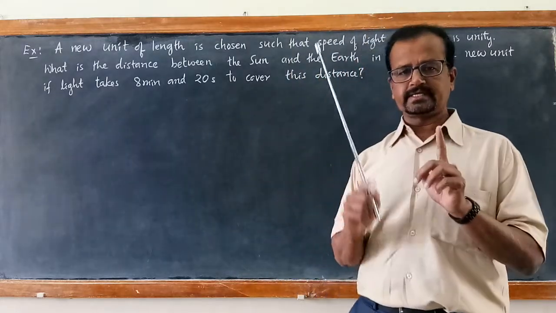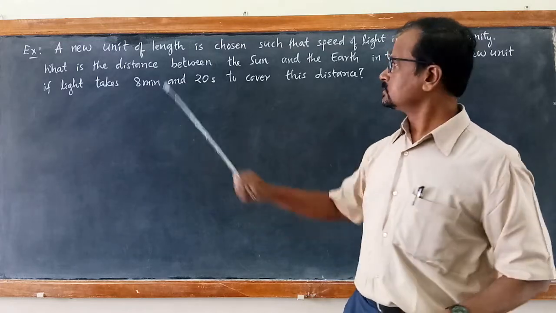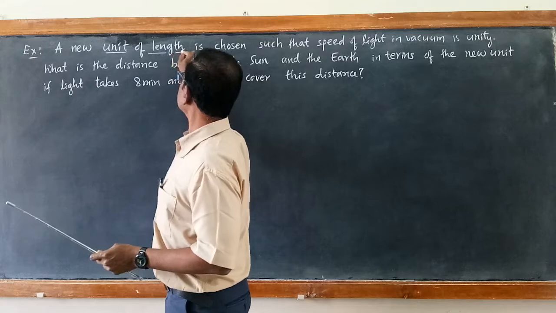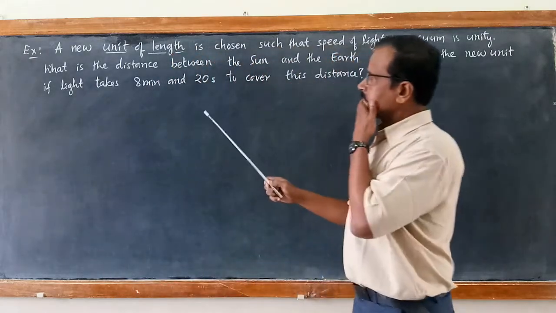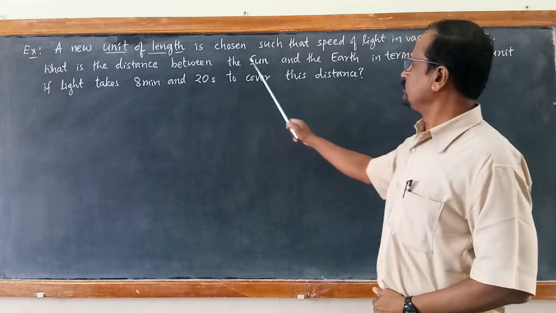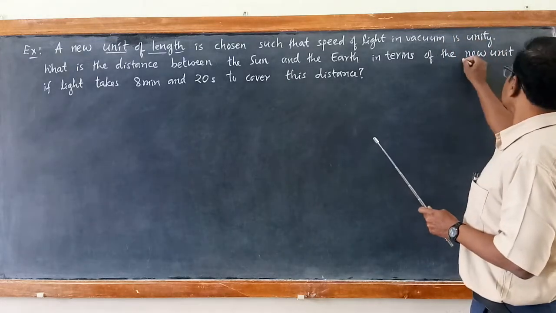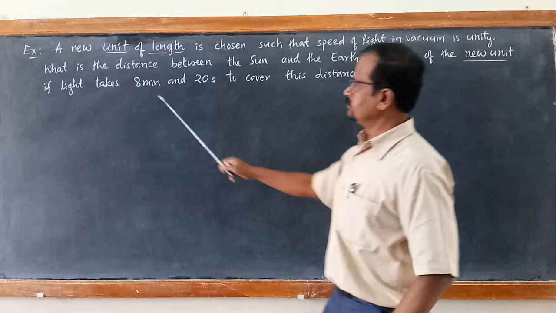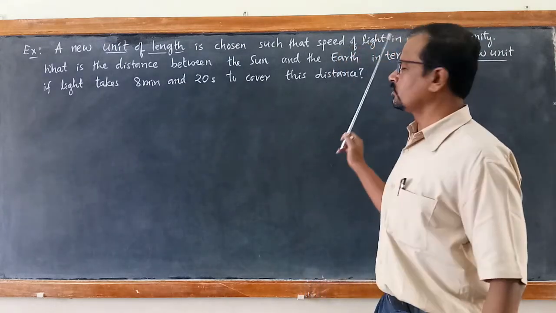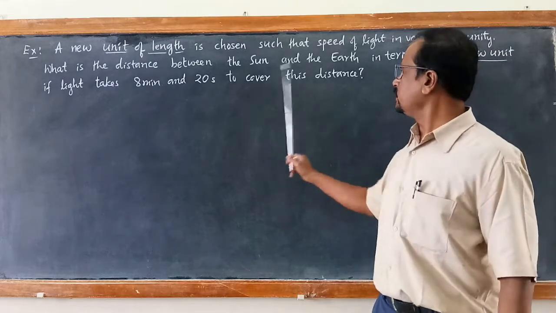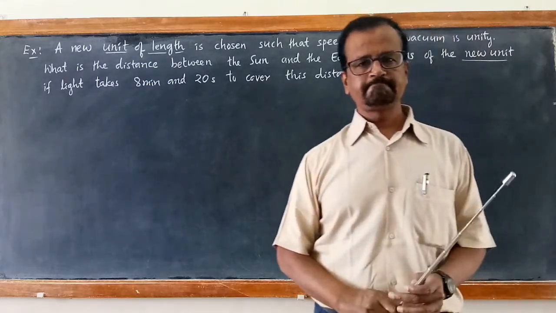So that itself is taken as unity. That is unit of length. So what is the distance between the sun and earth in terms of this new unit, if light takes 8 minutes and 20 seconds to cover this distance.